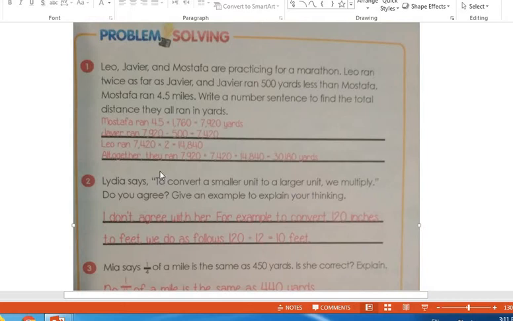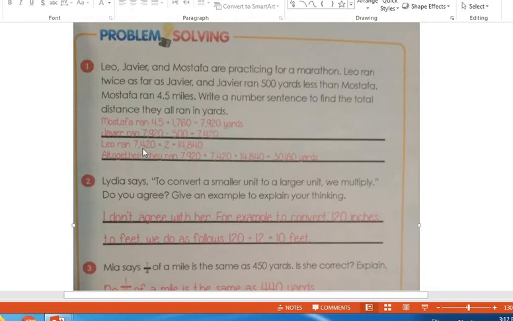For example, so here Leo ran, where is Leo? Leo ran twice as far as Javier. So Leo ran twice means in math multiply by 2. Javier ran, I calculated him as 7,420.